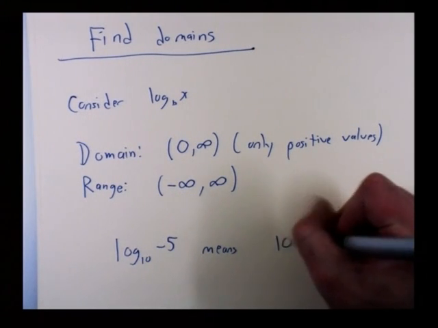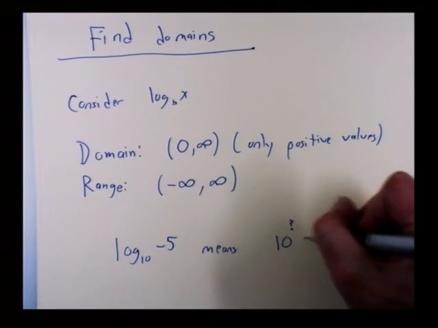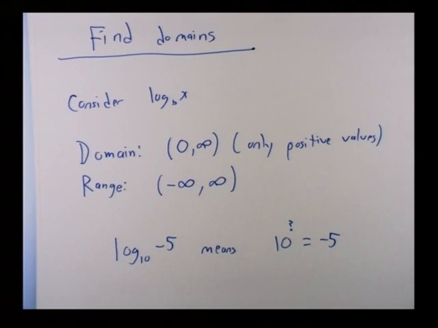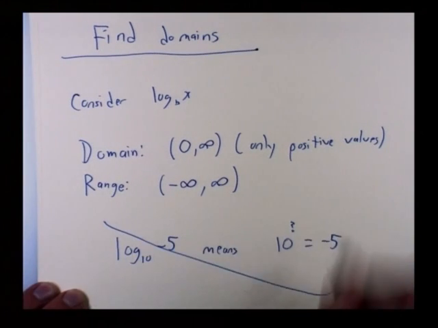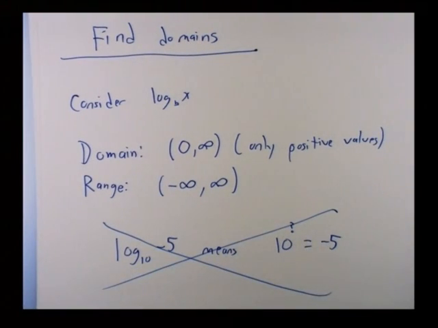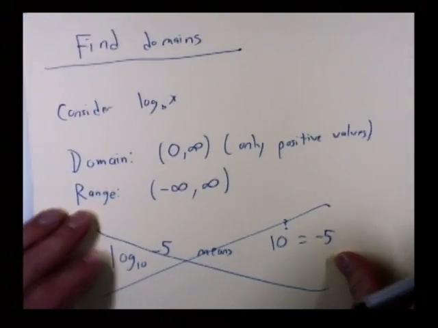That means that 10 raised to some power equals negative 5. How many times should you multiply 10 by itself to get negative 5? There's no answer to this question. 2 isn't enough, 100 isn't enough, you can't do it negative 6 times, that doesn't work. There's no answer, this is simply not possible. You can only put positive numbers into logarithms.